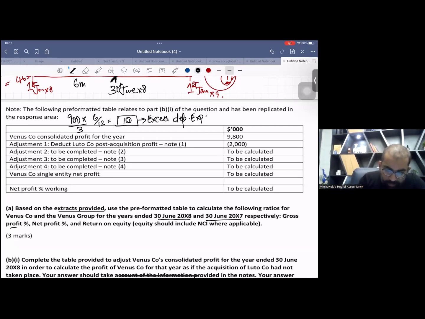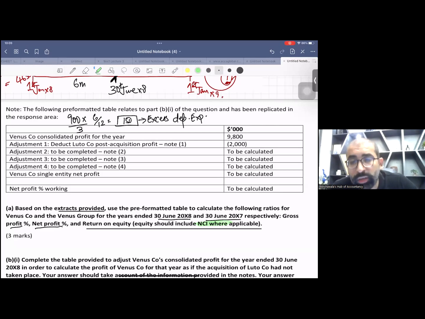You have to calculate GP percentage, NP percentage, and return on equity, and say thanks to the examiner. Equity should also include NCI. Openly they are saying in the equity packet you should include NCI as well.